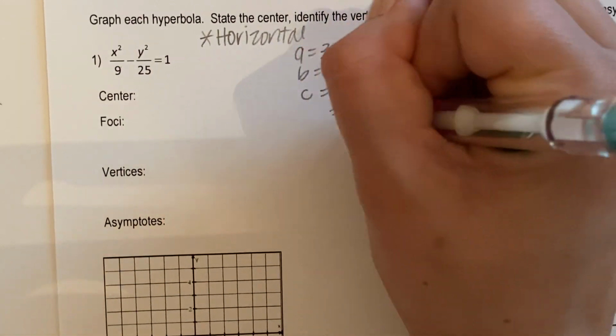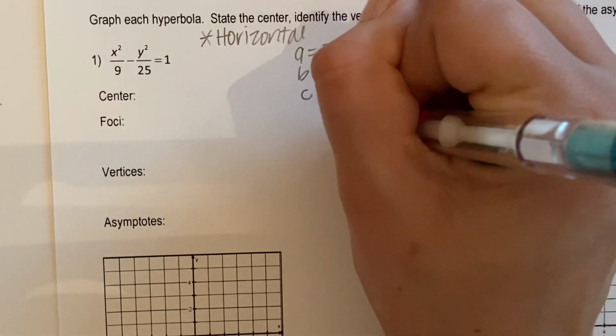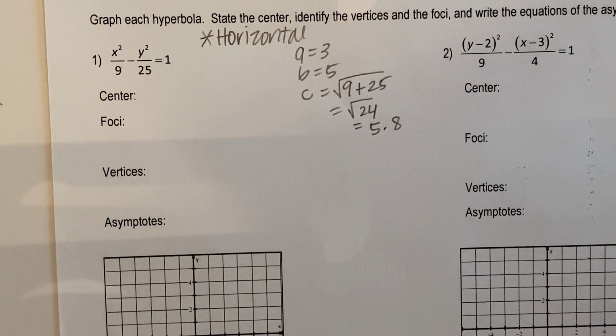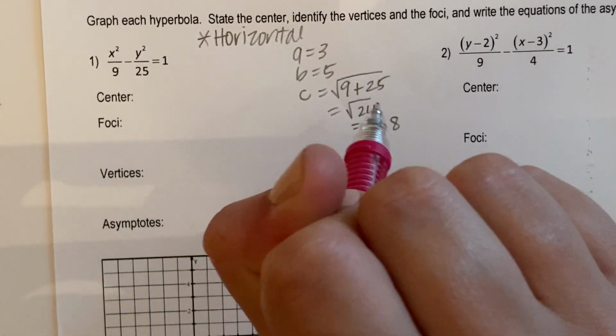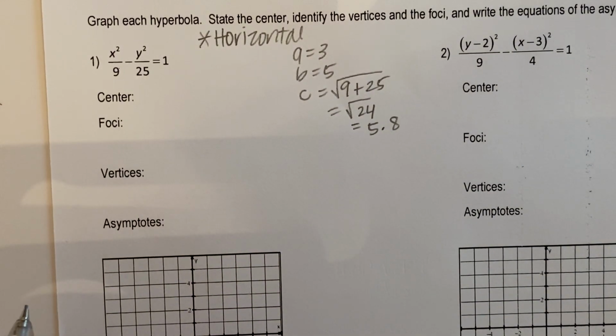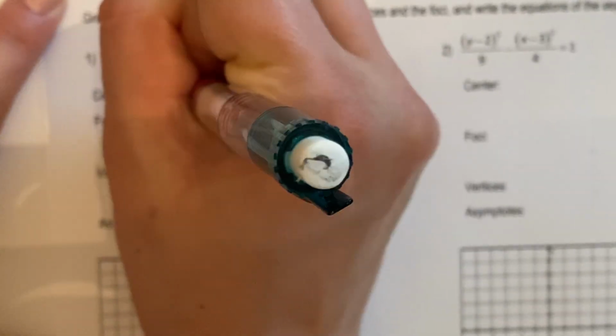So we're looking at the square root of 34. And I'll tell you that is 5.8. Again, on any kind of quiz that makes me need to do this, you will have a square rootable number. It'll be like 36 or 16. You know what I'm saying? Okay, the center, there are no numbers added here, so 0, 0.